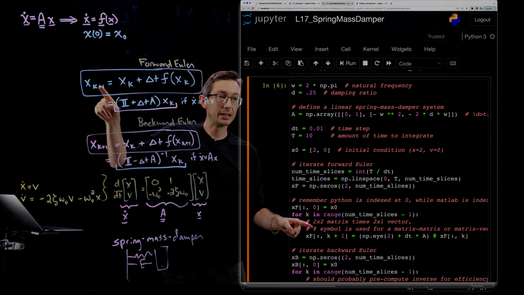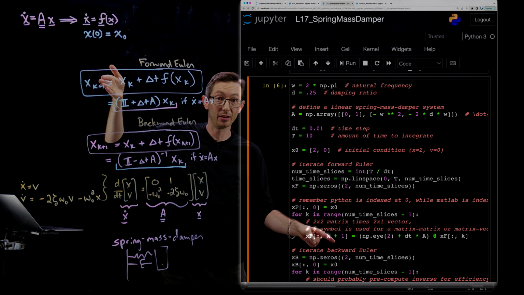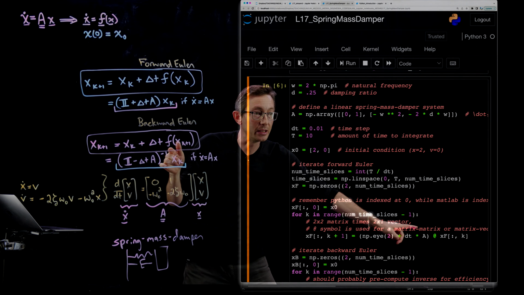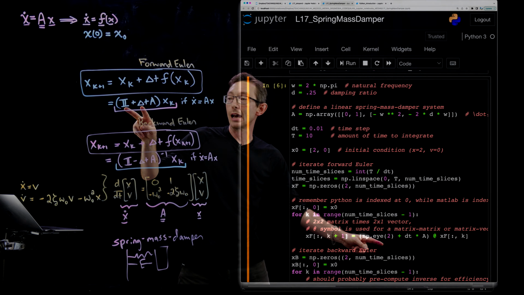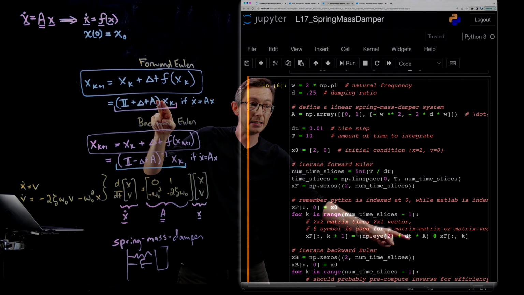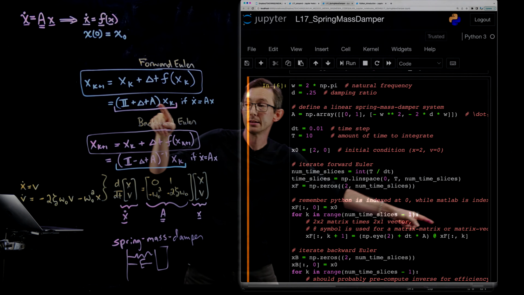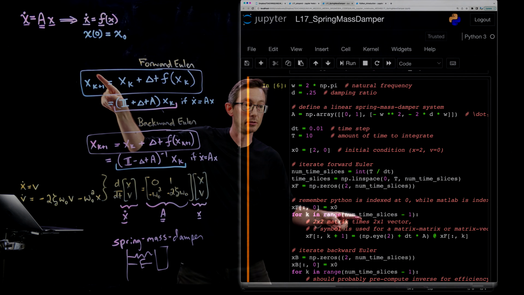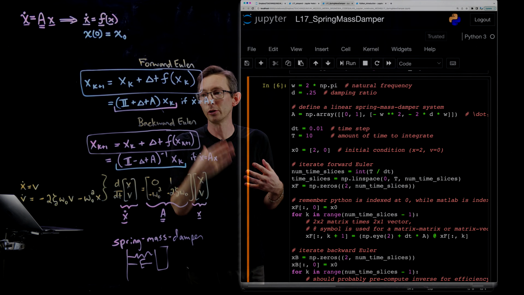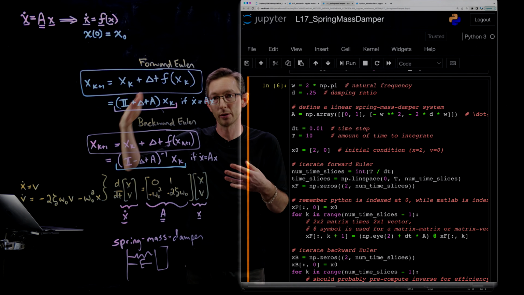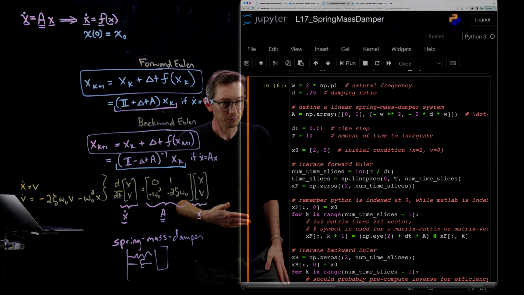It says that the k+1th step in my trajectory is going to be my kth x times an identity plus dt times A. Okay, a 2 by 2 identity plus A delta t times my kth x equals my k+1th x. So this is the update, and we basically write a for loop, so we keep constantly stepping this thing forward and updating it and building this trajectory xf.